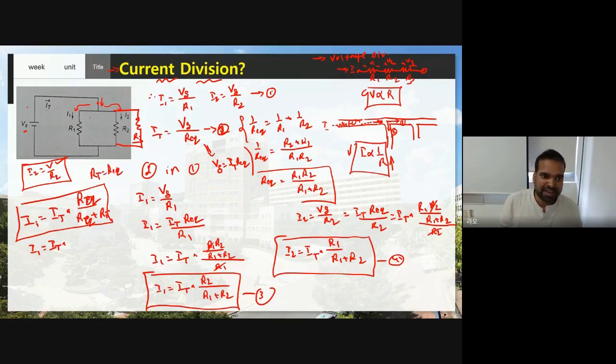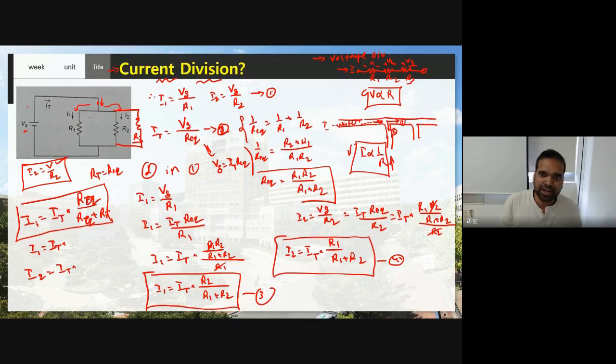So as you are finding current at R1, the opposite resistors R2 and R3, these two are connected in parallel, yes or no? So how to find R equivalent? 1 by R equivalent equal to 1 by R2 plus 1 by R3. Therefore, you will write R equivalent by R equivalent plus Ri, which means R1. Yes or no? Yes. Now, if you want to find current at R2, now I2 equal to IT total current.